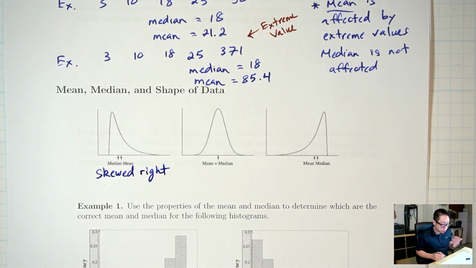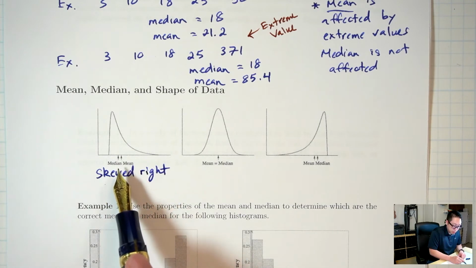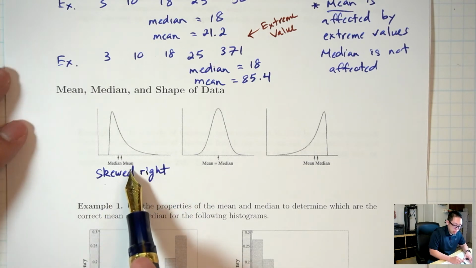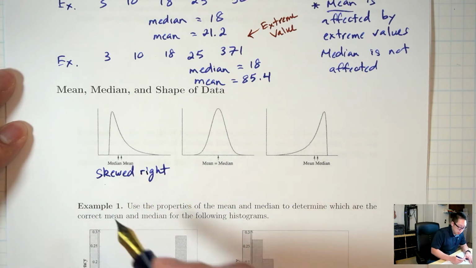And the point the picture is trying to make here is when you have data that's skewed to the right, notice where the mean is. Is it to the right or to the left of the median? It's to the right, right? So when data is skewed to the right, the mean is to the right.